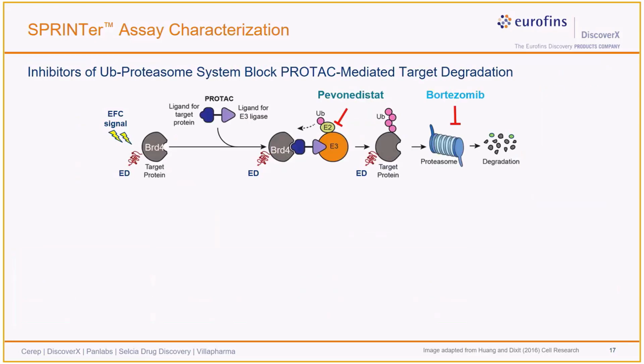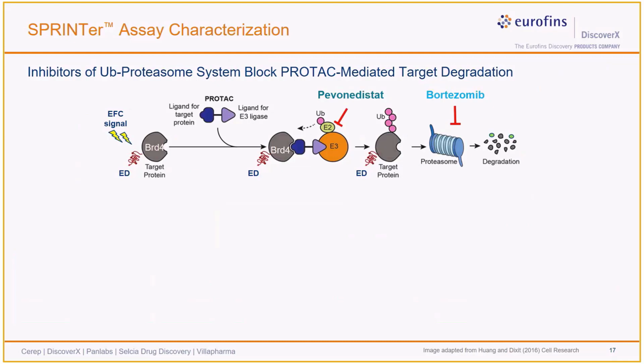Finally, to demonstrate that the loss of EFC signal in our Sprinter assay platform is mediated through the ubiquitin proteasome system, we treated our BRD4 biosensor cells with two inhibitors that inhibit the protein degradation system at different stages.